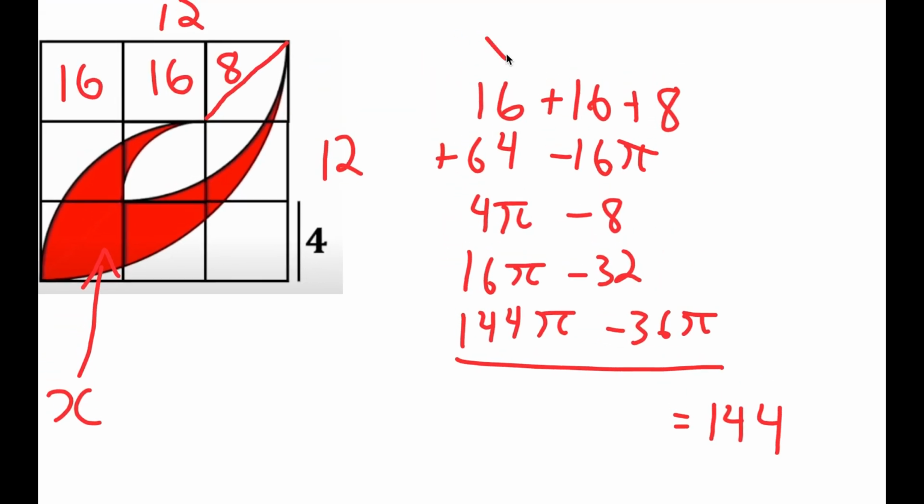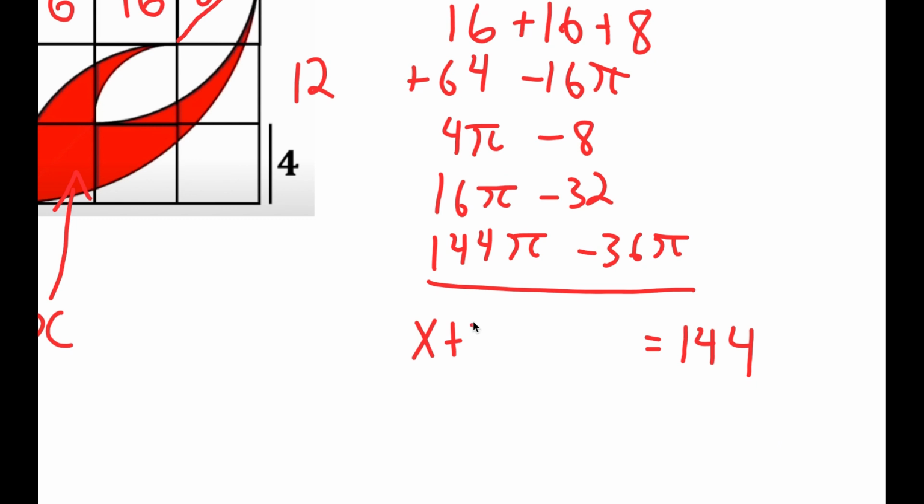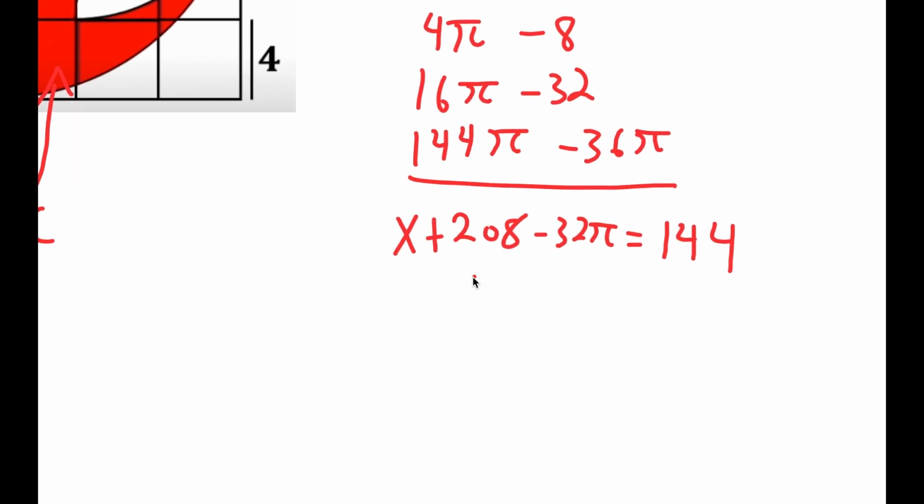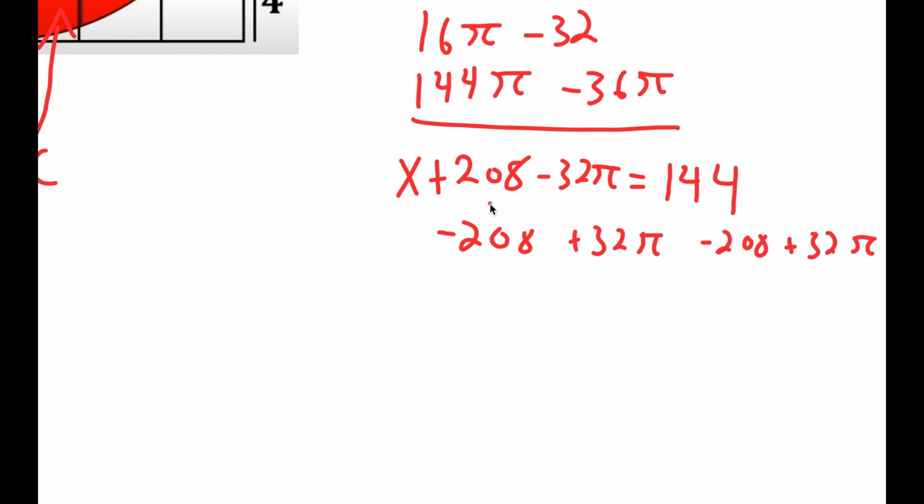And if I add x with this, well, the total of this is x plus 208 minus 32 pi. So if this is equal to 144, then I'm going to subtract 208 on both sides and add 32 pi on both sides. So this results in x being equal to 32 pi minus 64.